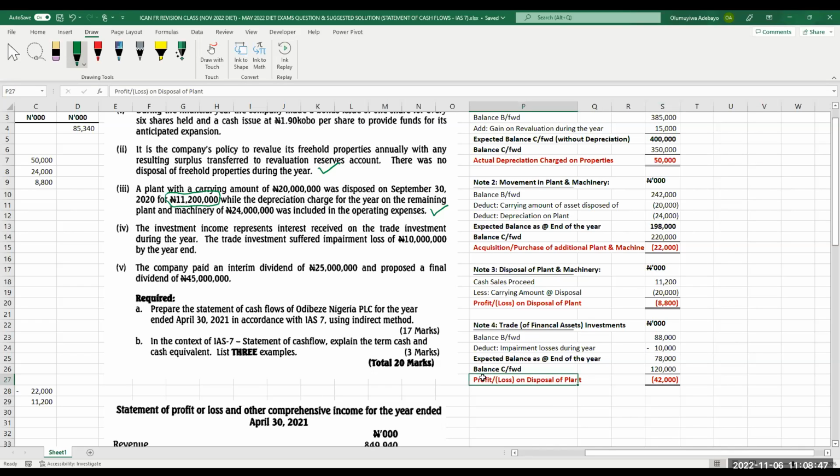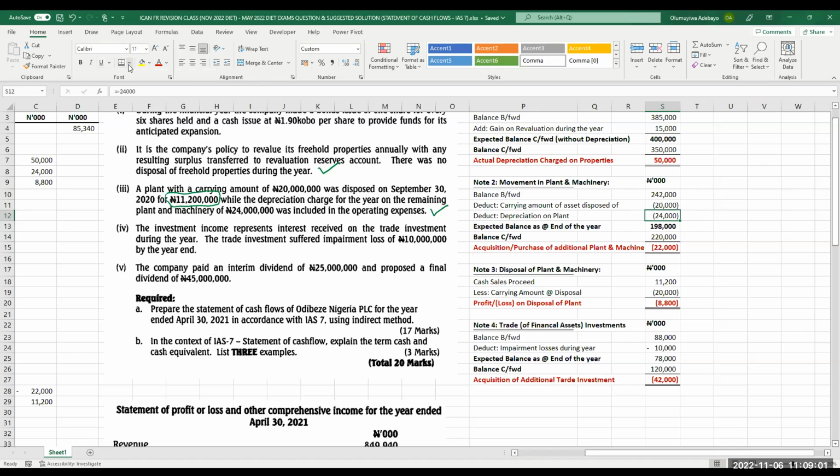Therefore, acquisition of additional trade investment. Otherwise, the balance will have been 78.